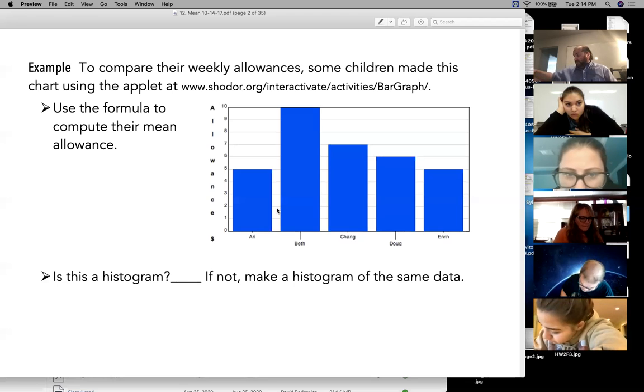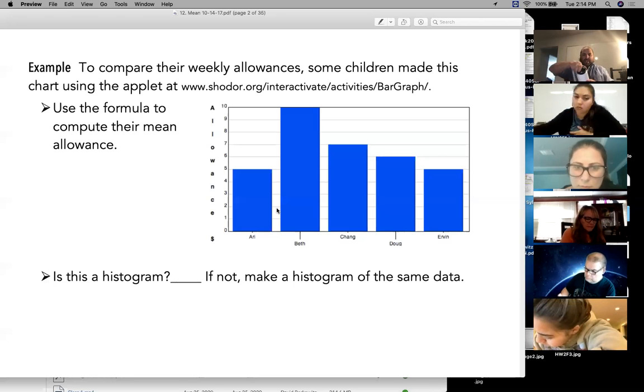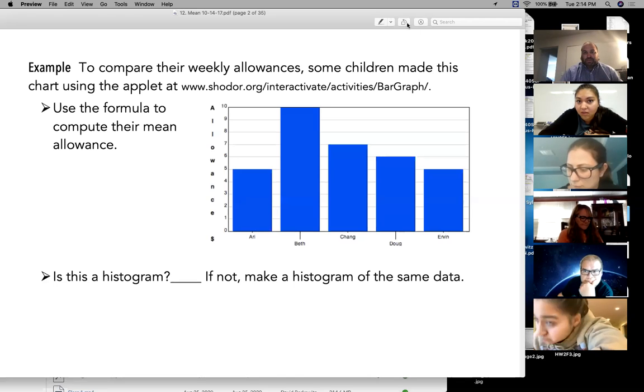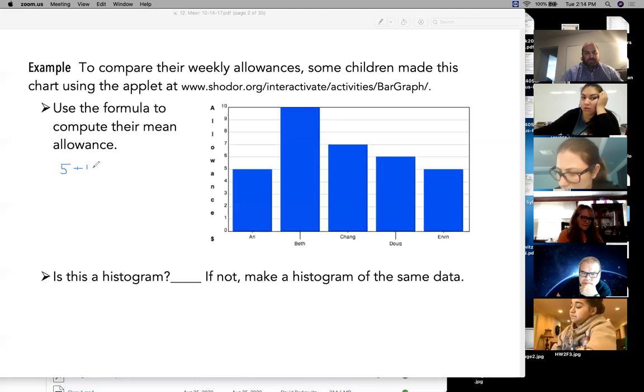So what do we do? Add them up. We're not going to do it by looking, we're going to do it by calculating. So 5 plus 10 plus 7 plus 6 plus 5.